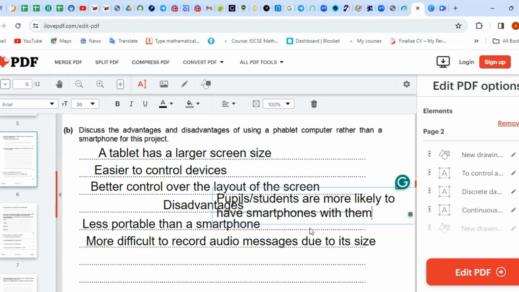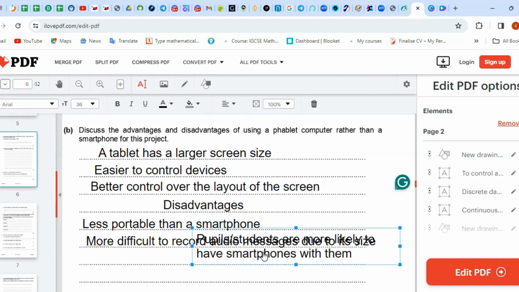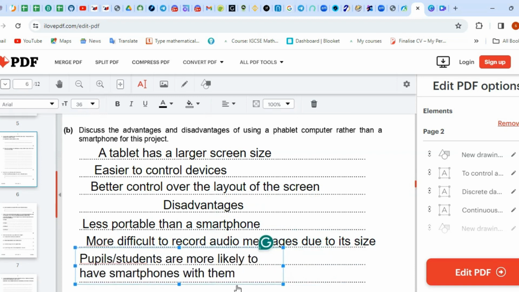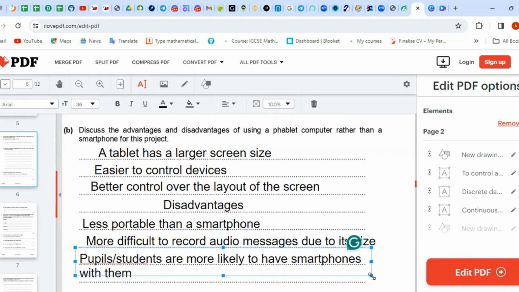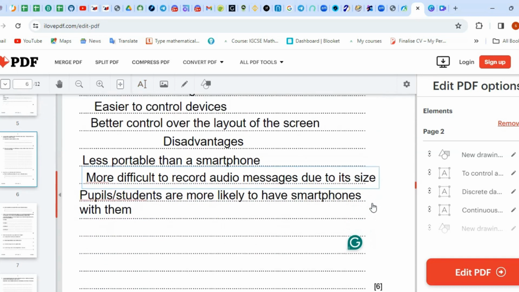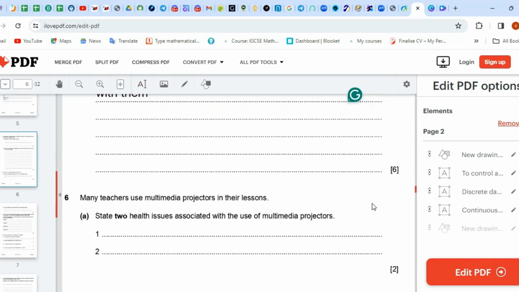All right. So those are the disadvantages of what? Of using a tablet over a what? Over a smartphone. Do we understand? All right. So that's 6 marks. You can list the three.